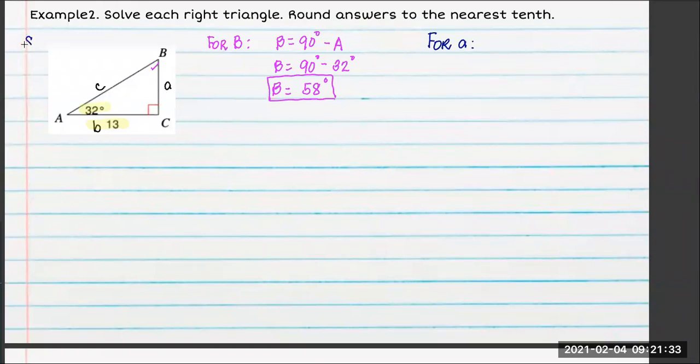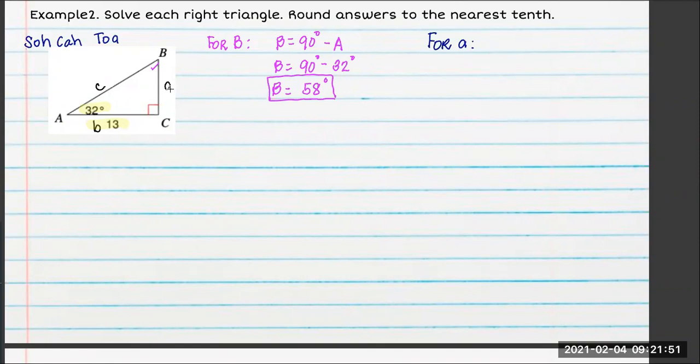Let me write down SOHCAHTOA here one more time. Side A is the opposite side. And side B is the adjacent side, right? In relation to the 32 degrees.